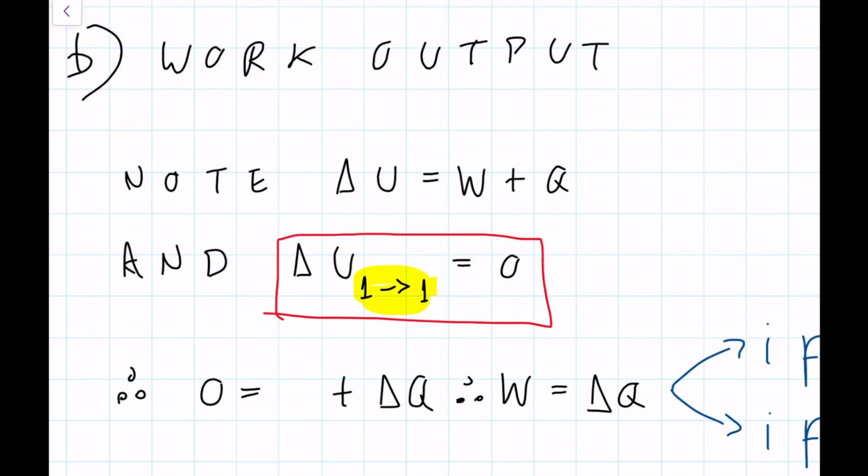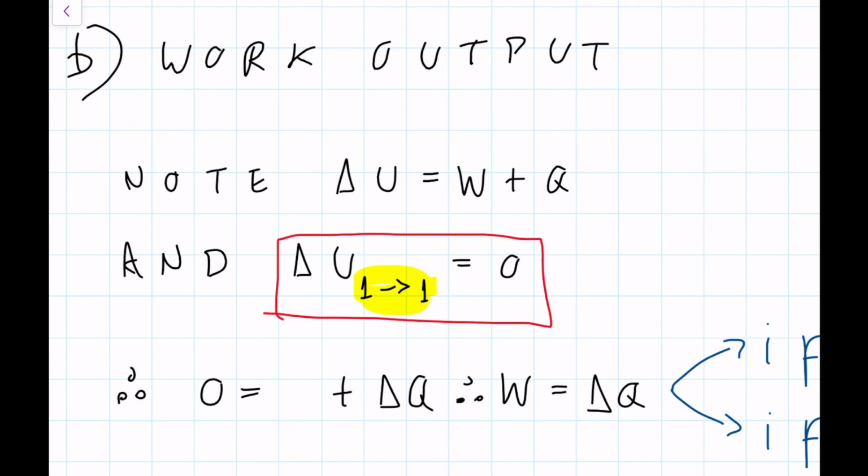If my internal energy at state 1 is 50 kilojoules, once I go around the cycle and go back to state 1, it's 50 again. So 50 minus 50, that's 0. So my delta U for any cycle, when I do the whole cycle, is always going to be 0. Right?